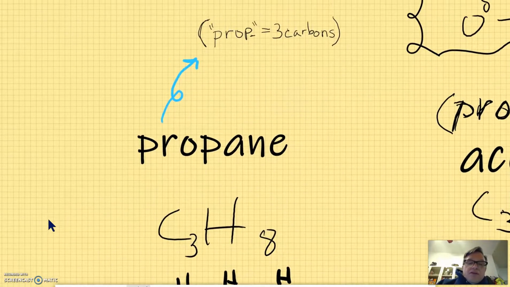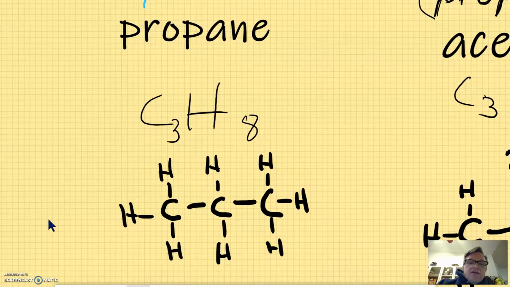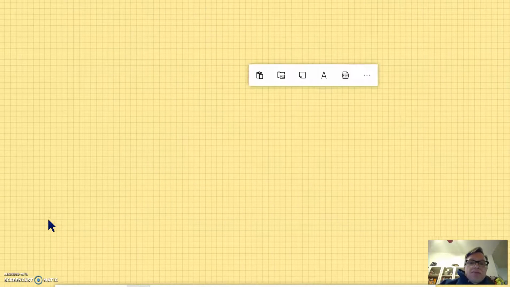All right, propane's formula is C3H8, and here is a Lewis structure for it. Pretty simple. All carbon-hydrogen bonds, all those bonds are nonpolar. Since they're nonpolar, they don't have any charges, even partial charges, so there is no electrostatic attraction for propane and other molecules of the same compound.